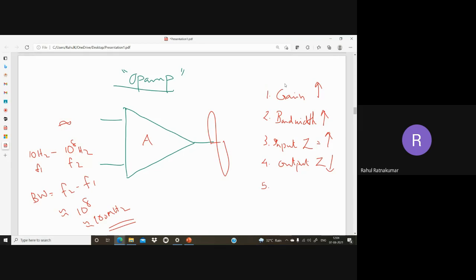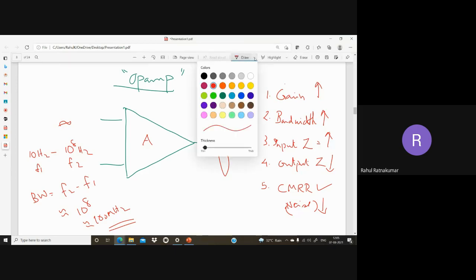Gain very high, bandwidth also, and noise should be less. The other term is common mode rejection ratio, which should also be good, or you can say the noise effect should be less. These are a few examples, but these are things which I require.